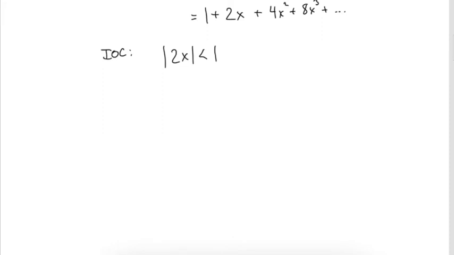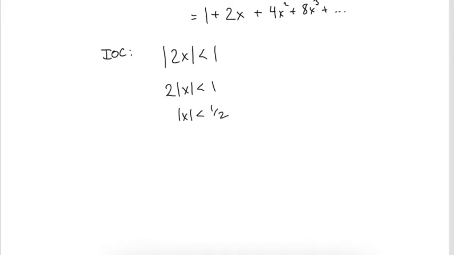Well, first of all, I can simplify a little bit the absolute values on the right. That's the same as this, because 2 is positive. So the absolute value of 2x is the same as 2 times the absolute value of x. You can always factor a constant out of an absolute value, although if the constant itself is negative, you turn it positive. Anyway, less than 1. And then I can write that x is less than 1/2 in absolute value.